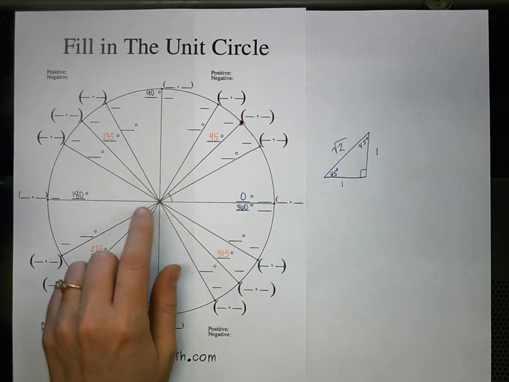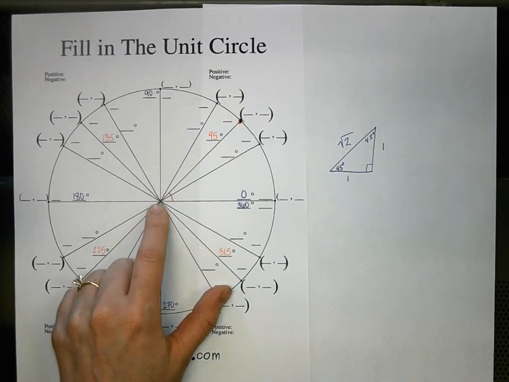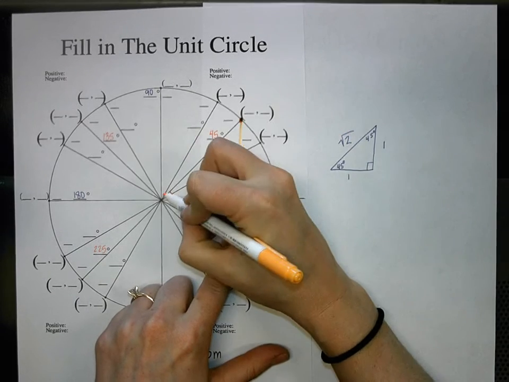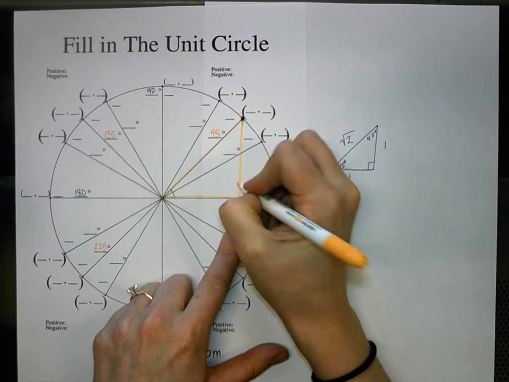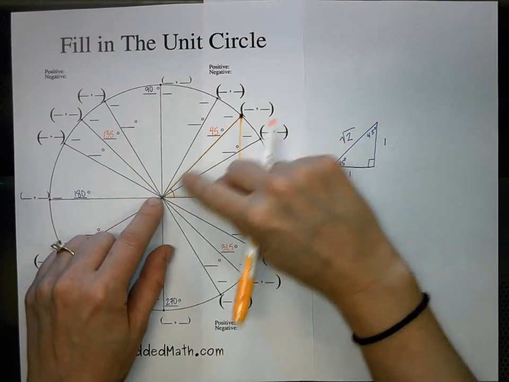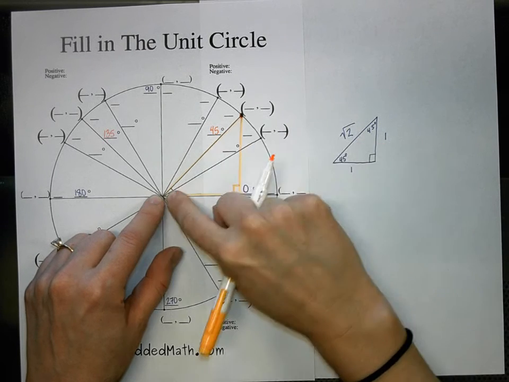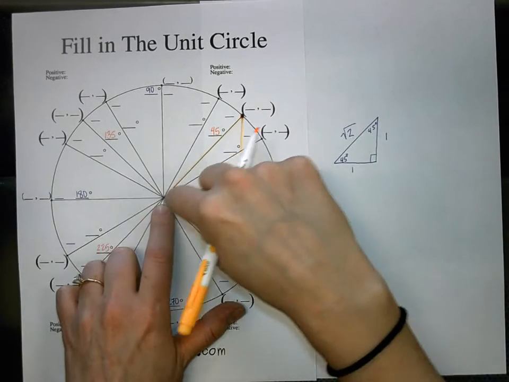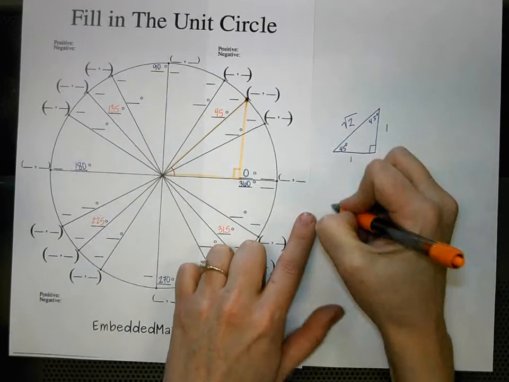But this is the unit circle, so this hypotenuse, if we draw in a triangle here, straight down, if I make a right triangle, what is the hypotenuse equal to in the unit circle? What is the length of this hypotenuse? 1, because the radius of the circle is 1, and we're going from the center to the point on the circle. So that's not the triangle we've been using.